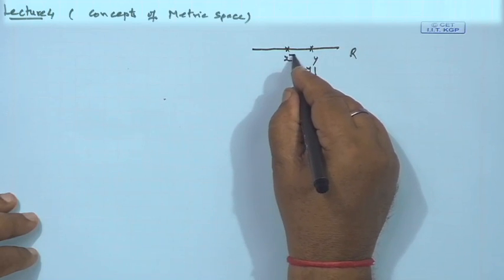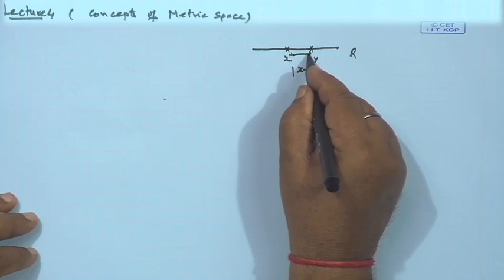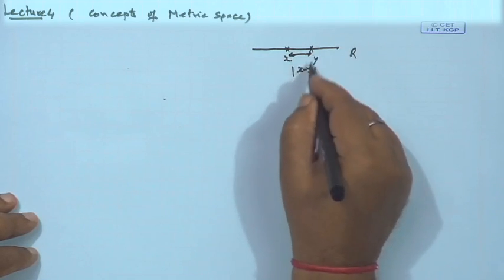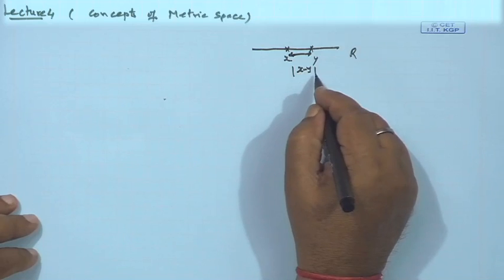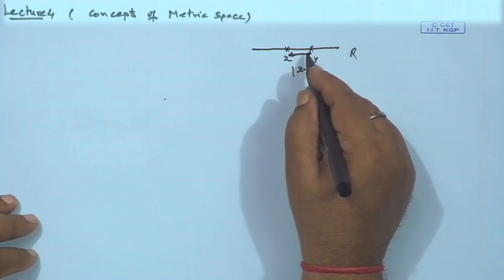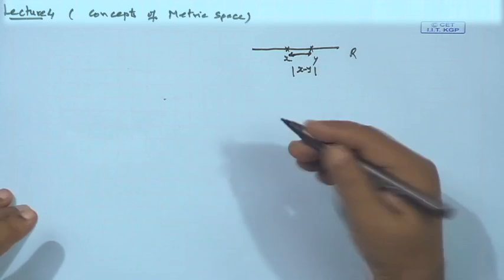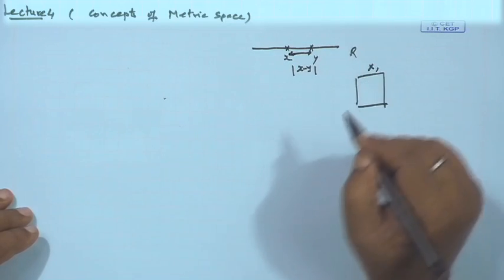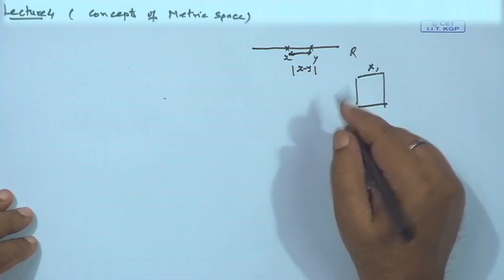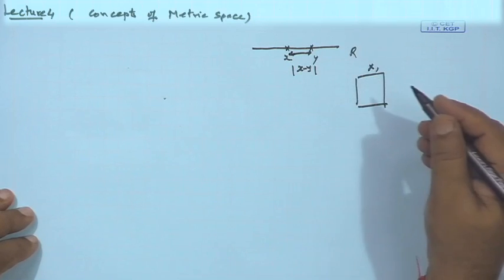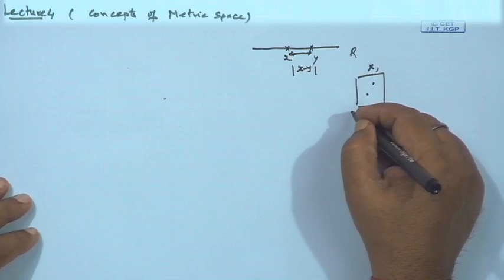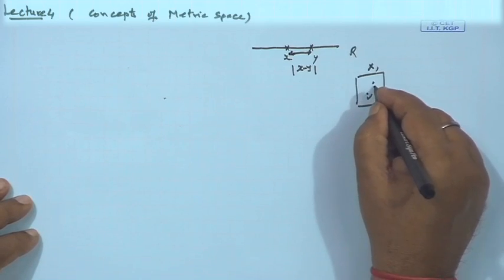That is, when we measure from x to y, or from y to x, this absolute length we call the distance between the two points x and y. Now, this concept we wanted to extend to an arbitrary set X, because once you take the set X whose elements are certain points, how do we introduce the notion of the distance between any two elements of the set?